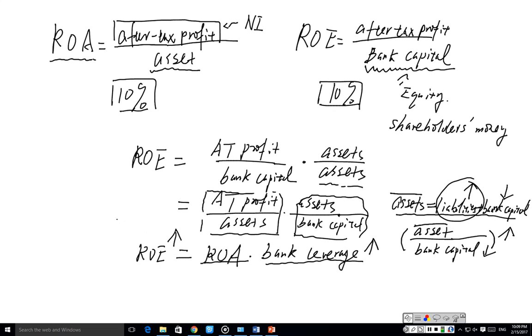If you studied finance before, you probably know the way we break down the ROE: ROE equals ROA multiplied by bank leverage. That's what we call the DuPont equation.